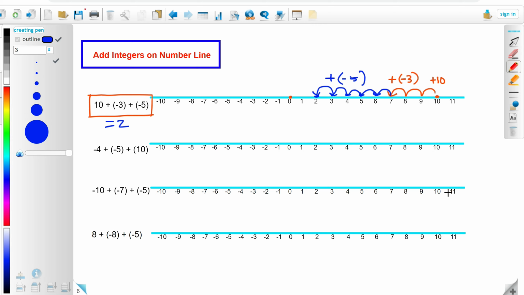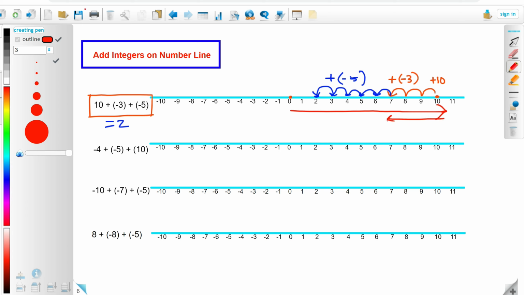Do you see that? So we added minus 5 further and we reached 2, which is the answer. Perfect. So once more, the solution is something like this. First, from 0, we went right 10 units, right? And then we did 3 units left.